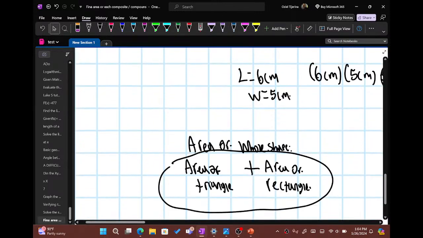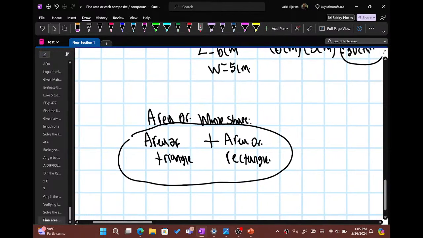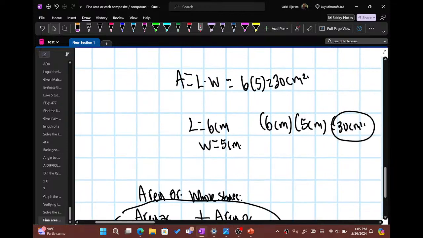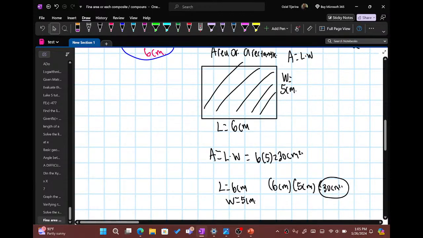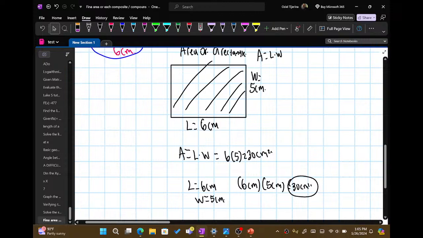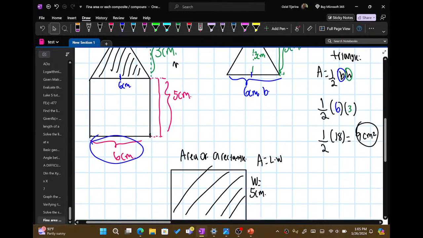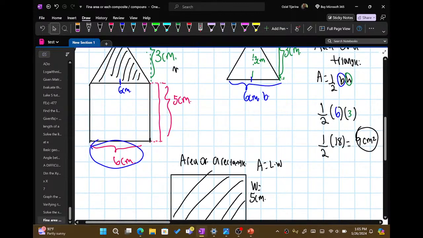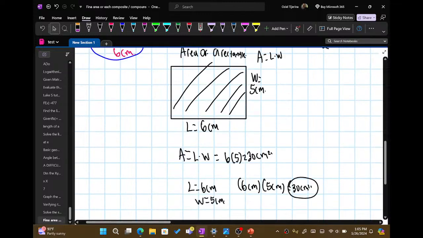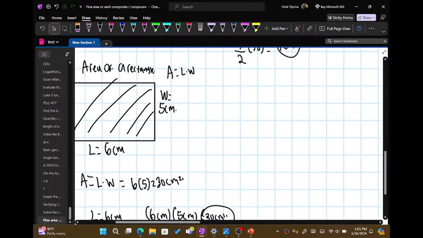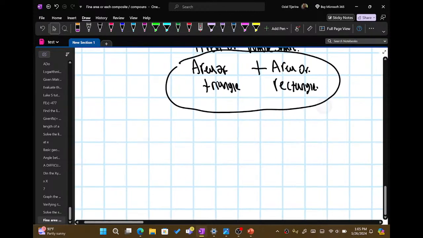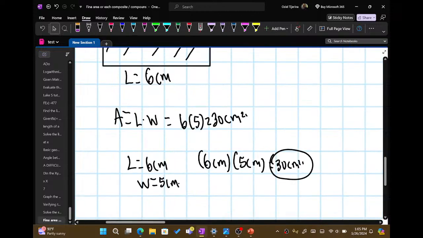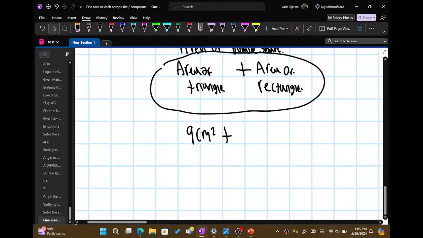Okay, good. Perfect. Now we know the area of the triangle is 9 centimeters squared, plus the other one was 30 centimeters squared.